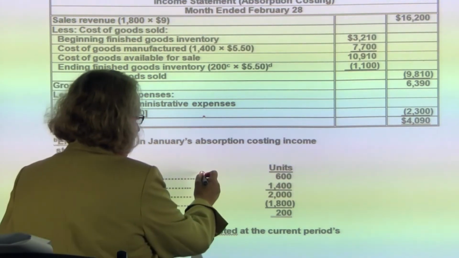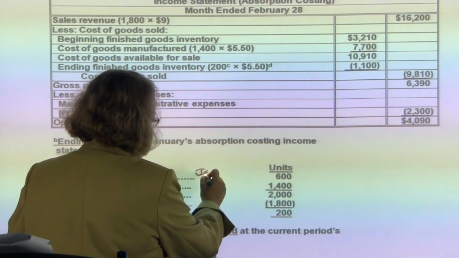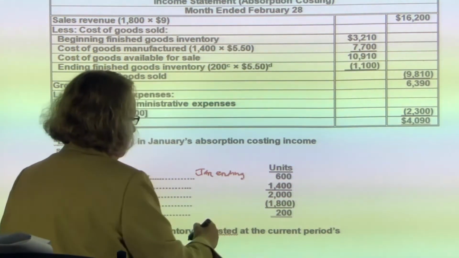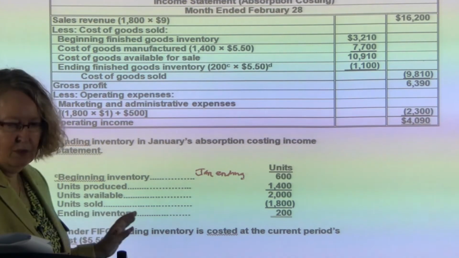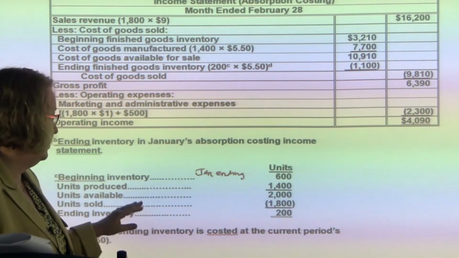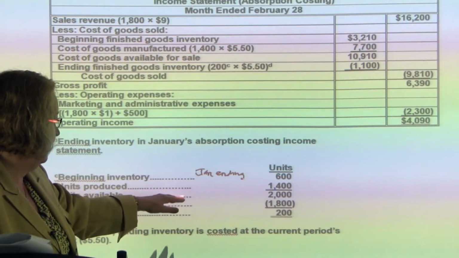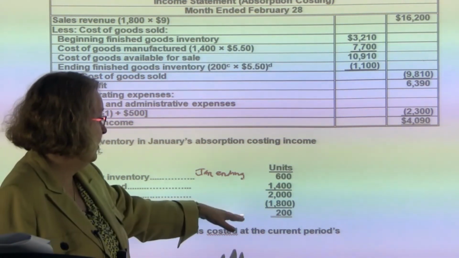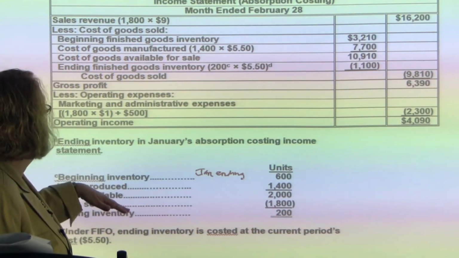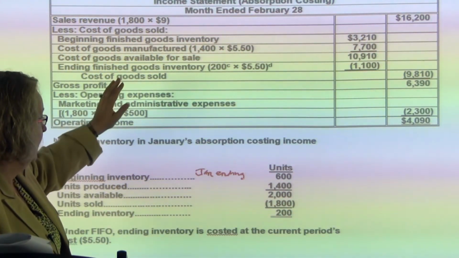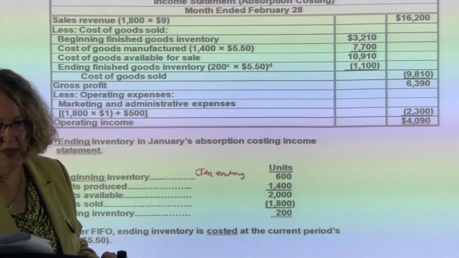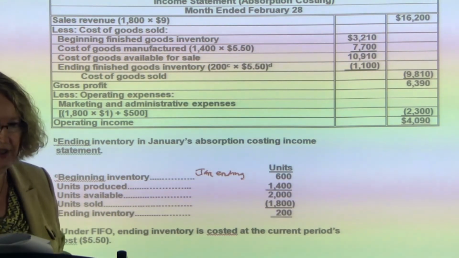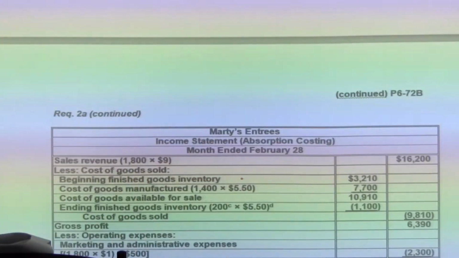So whatever you had left, this is your January ending, becomes your February beginning. Plus, you produced in the month of February 1,400 units, so total units available is 2,000. We sold 1,800, therefore you had 200 left over. So our beginning finished goods inventory comes out to be $3,210, which is what we had calculated back here.